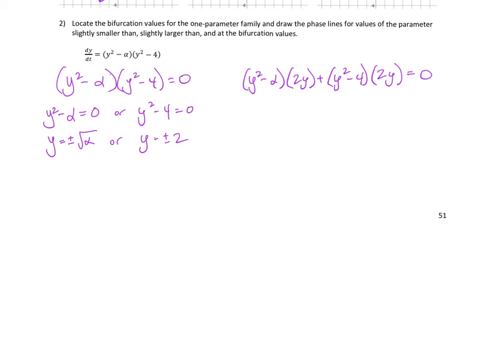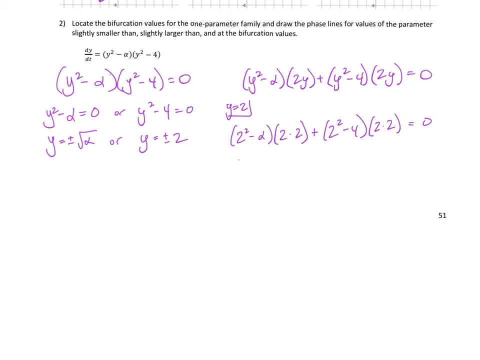Okay, so y equals plus or minus 2 is relatively straightforward to plug into my other equation for y and solve for alpha. Let's plug in y equals 2. I get 2 squared minus alpha times 2, plus 2 squared minus 4 times 2, set equal to 0.